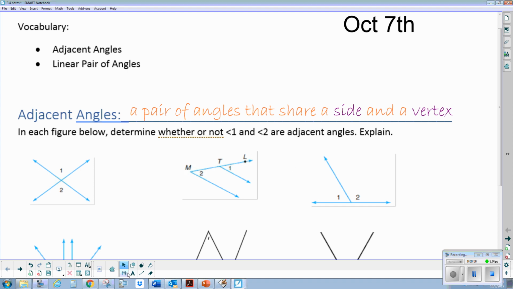In the first one, angle 1 and angle 2 share a vertex, but here are the sides of angle 2, and here are the sides of angle 1. We can see that they don't share a side, although they do share a vertex. So in this first example, no, because they do not share a side.